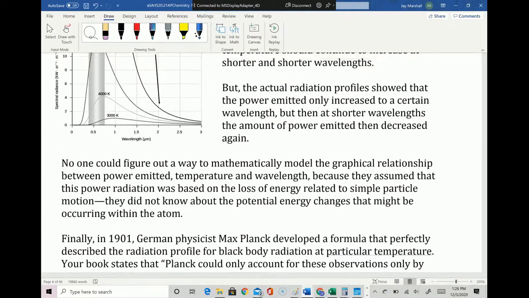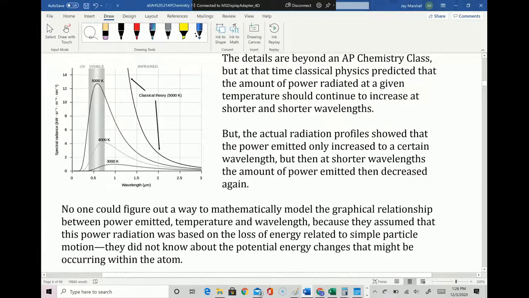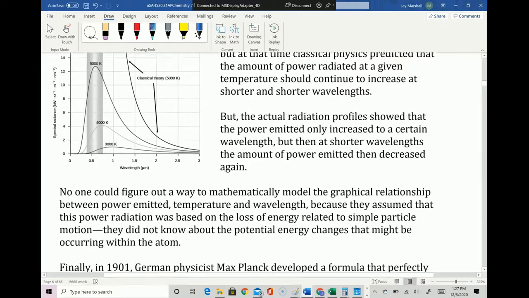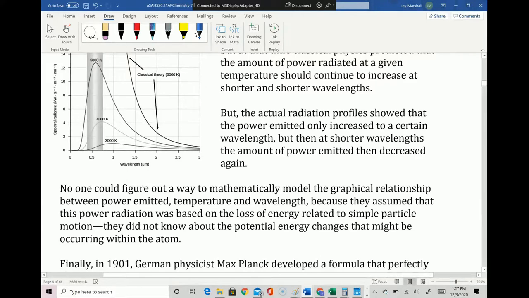Enough of you are in calculus to know that we can find mathematical equations to model almost any curve we want to on a graph. I can find a mathematical statement that describes almost any curve I want to on a graph, but nobody could figure out a way to model this mathematically.